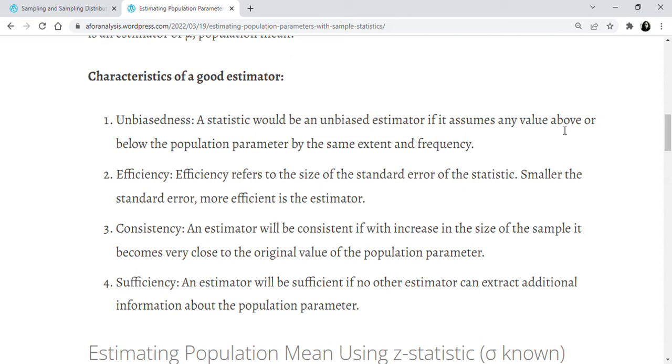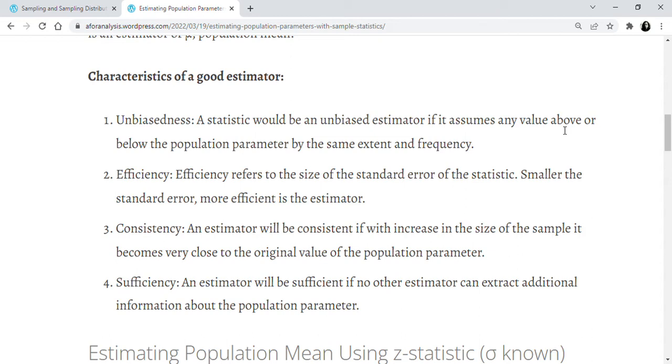So if you are getting 5 sample statistics above the population parameter, you should get 5 below it as well. And if the highest difference on one side is, say for example, 5 units, then on the other side also it should be 5 units.